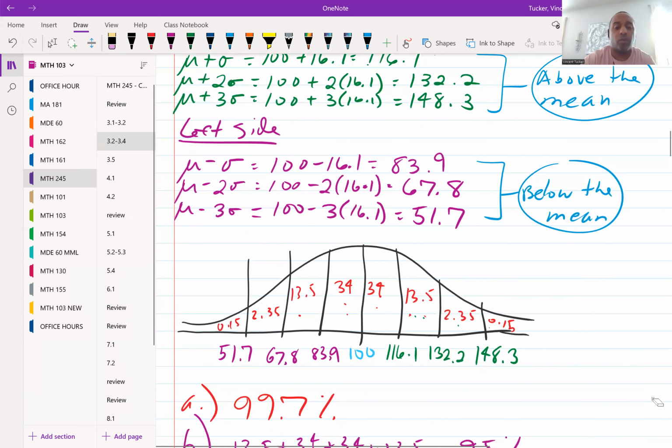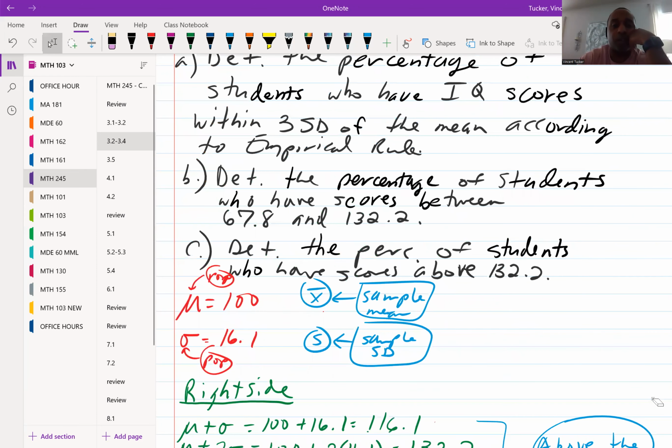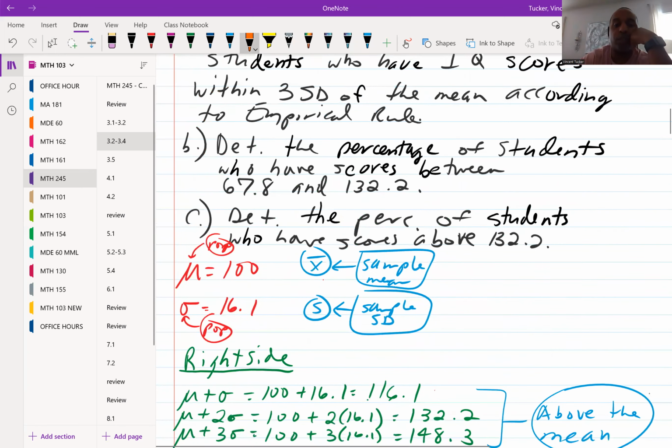All right. Questions on A. A was just based generically on the empirical rule. What does it say about being within 3 standard deviations of the mean? All right. So now B is more specific. It says determine the percentage of students who have scores between 67.8 and 132.2.